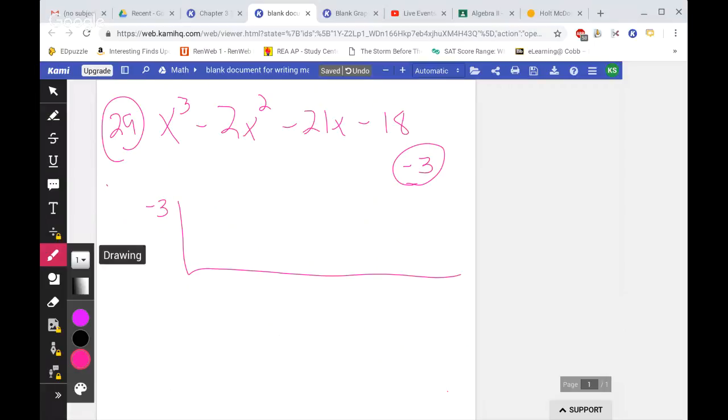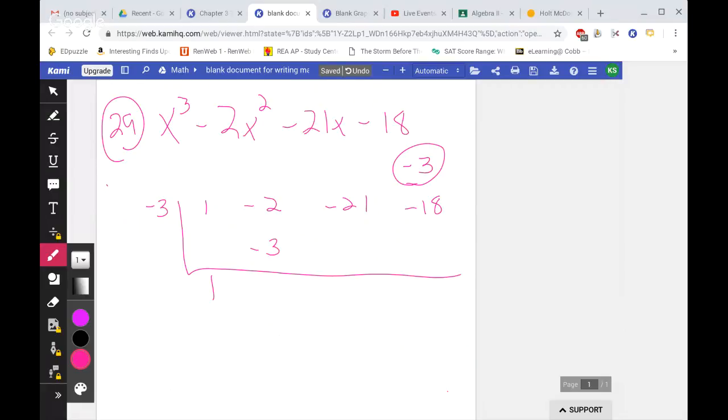So we're going to set up our bar here. We don't need a placeholder. We really haven't had to use a placeholder so far, which has been good in a way, but I want to drive the point home that you might need to sometime. Okay. 1 times negative 3 is negative 3.